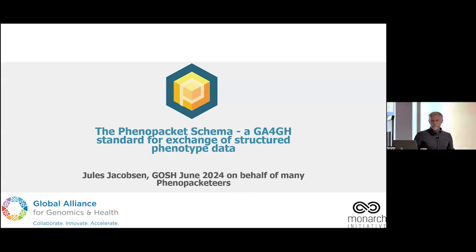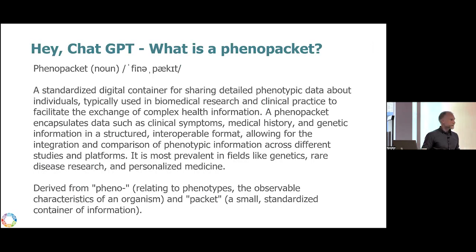So the first thing you need to do these days is you have to say, ChatGPT, tell me about this thing because I have no idea what it is. So you might have heard the term phenopacket, and this is actually genuine stuff. I tried this yesterday and it came out quite well. So I thought I'd keep it in here. It's a standardized digital container for sharing detailed phenotypic data about individuals, typically for biomedical research and clinical practice.